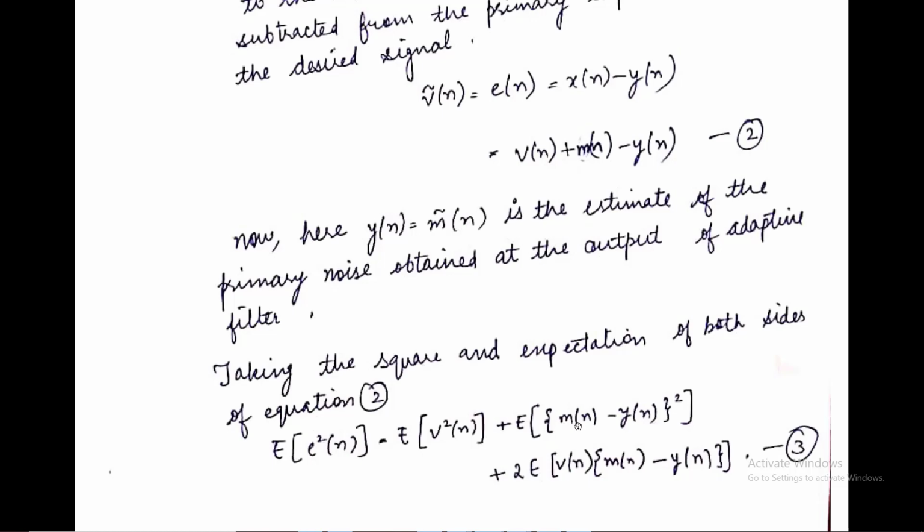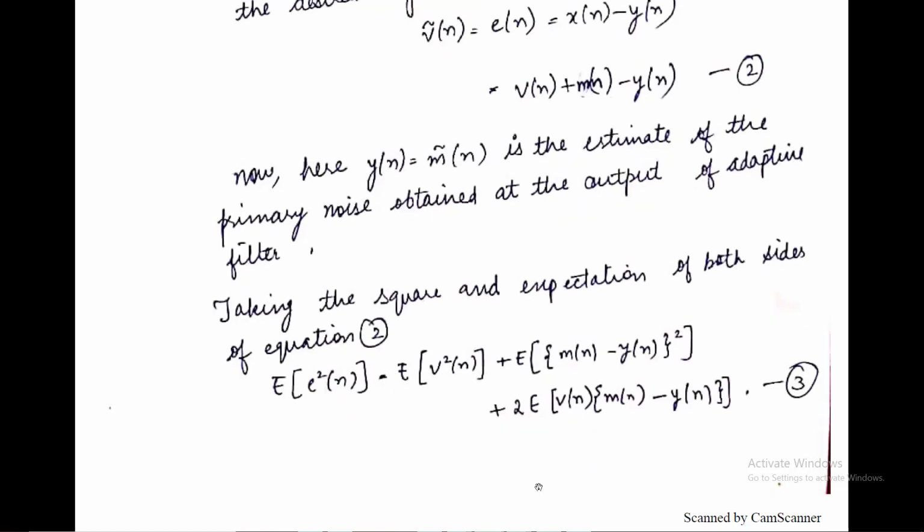We take Vn as one signal, let's suppose A, and Mn minus Yn as B. So we are using the formula of (A plus B) whole square, which gives A square plus B square plus 2AB, and we are keeping the expectation operator on each term. So this is equation number 3.